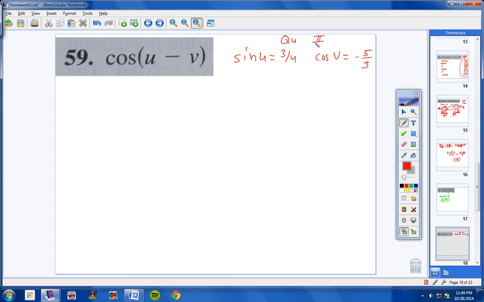So, let's go ahead and draw real quick here a triangle, students, to match this scenario. So we're in quadrant 2. Here's angle u. Opposite is 3. Hypotenuse is 4. And so this other side here would be square root of 7. Now let's go ahead and draw a triangle to match this scenario.